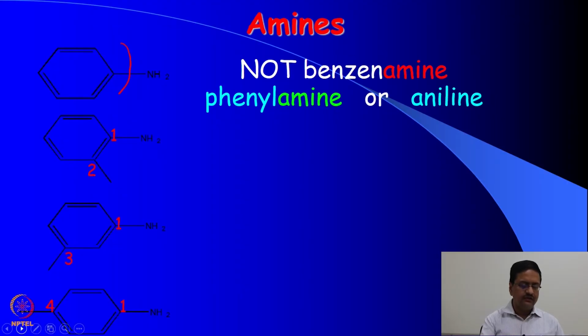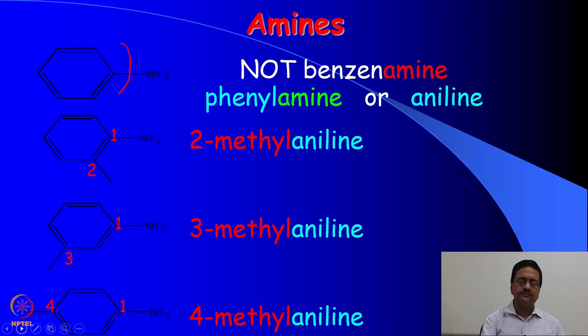Similarly, when you have multiple substitutions, you start numbering them following the same method that we have discussed in the previous lectures, and apply the numbers and then write the corresponding names. So, in the first case it is 2-methyl aniline, second case it is 3-methyl aniline, and in the third case it is 4-methyl aniline.